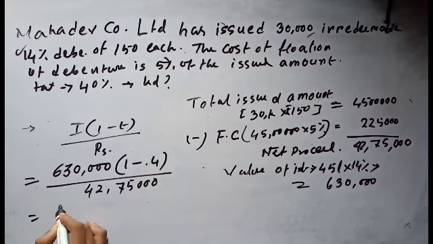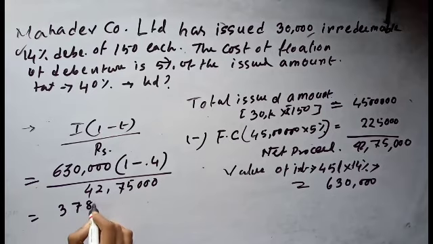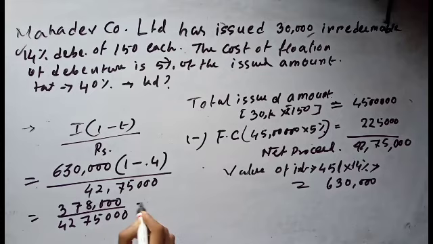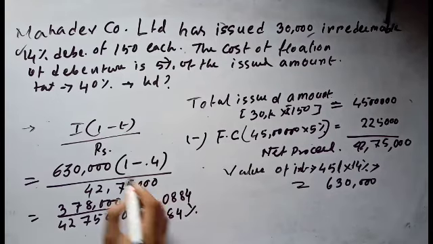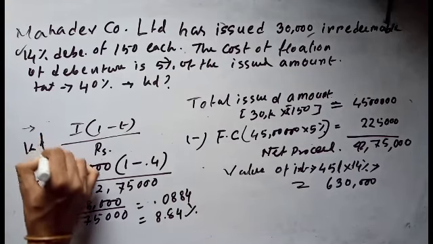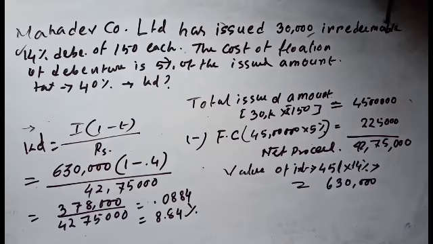If we calculate this, it will be 3,78,000 by 42.75, which will be 0.0884, that is 8.84%. So this is the cost of debt.